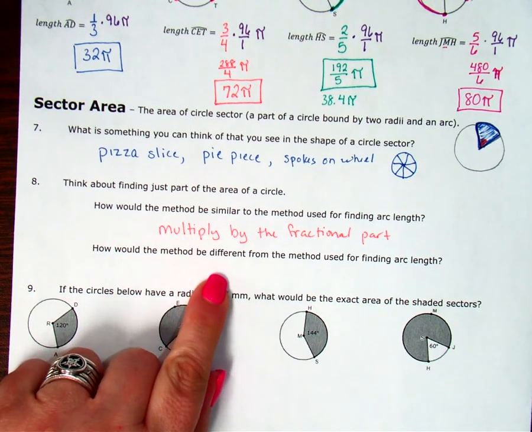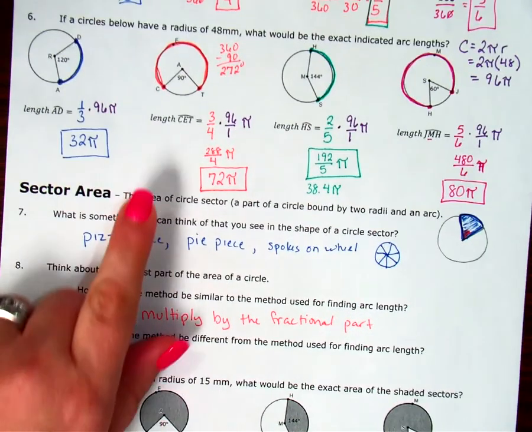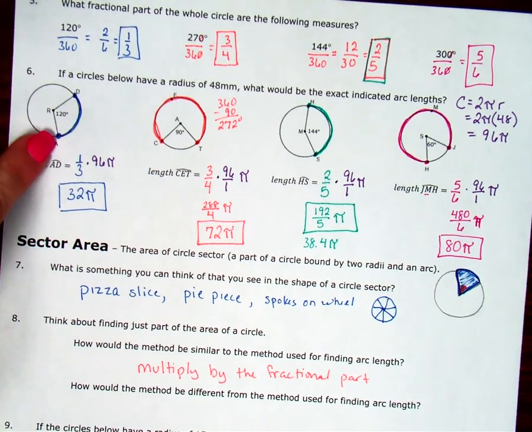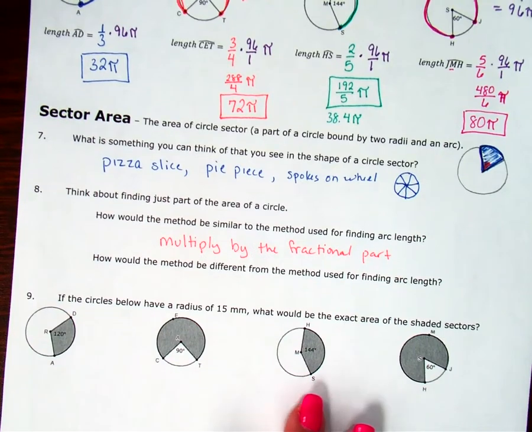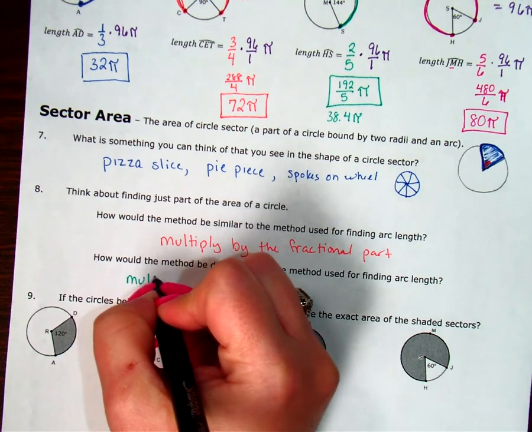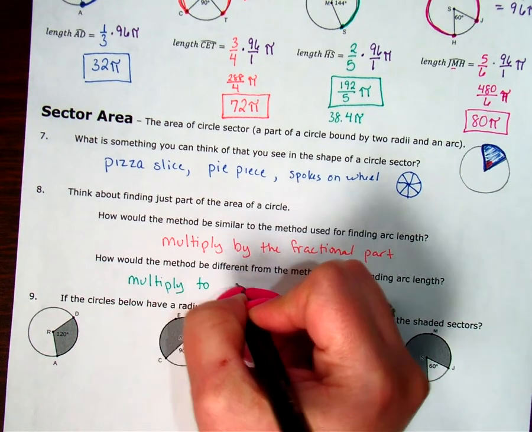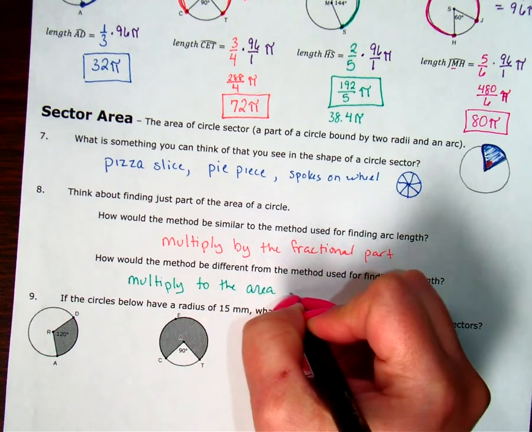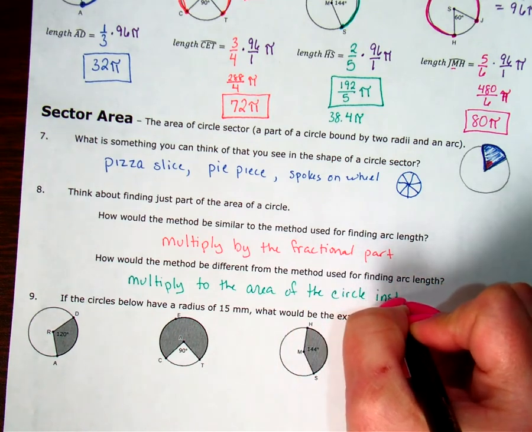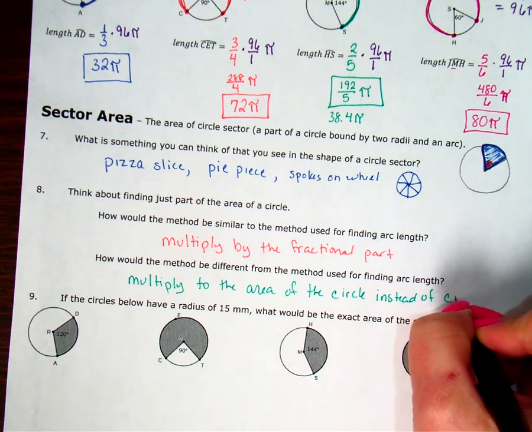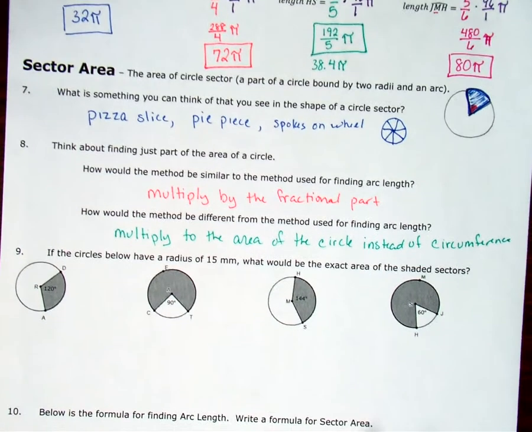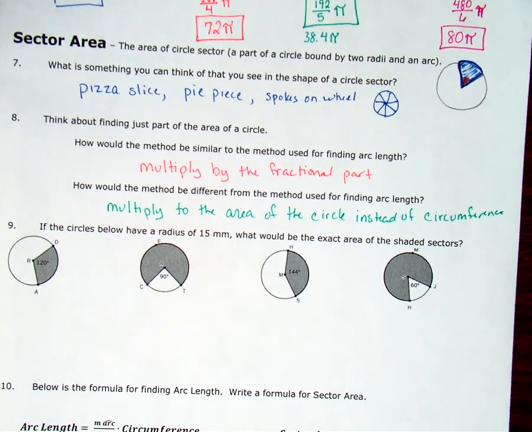But what becomes different is that instead of multiplying the fractional part by the circumference, which remember is just the outer edge, we're going to multiply by the area of the circle instead of the circumference. I just barely fit that in there. So we multiply by the area of the circle instead of the circumference.